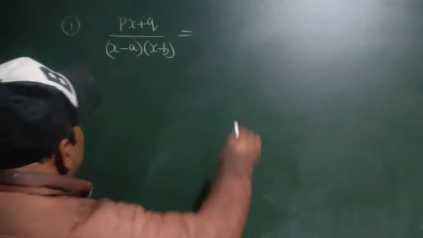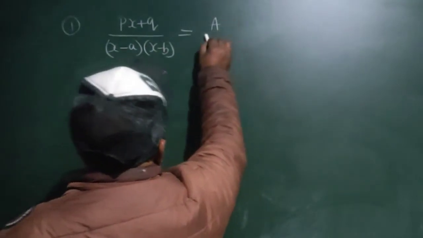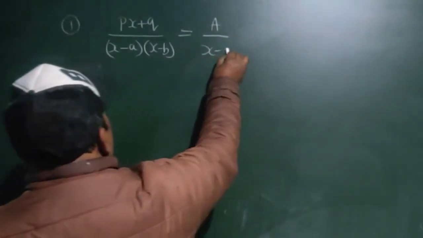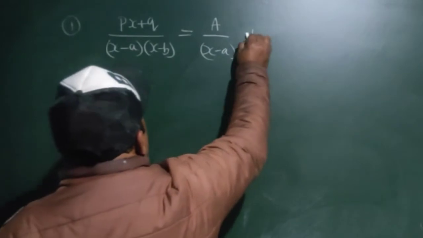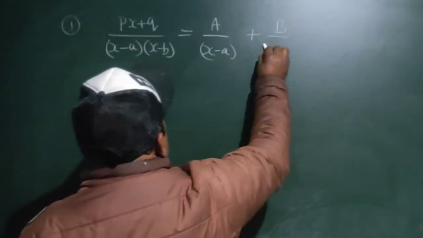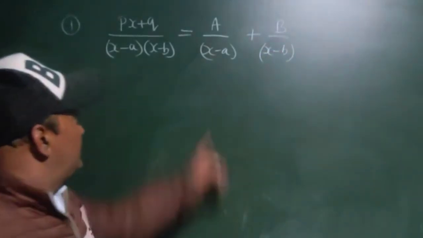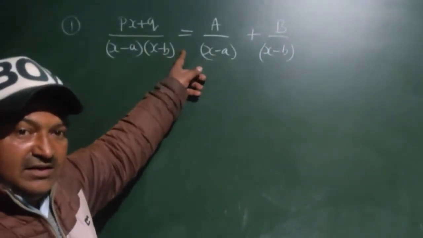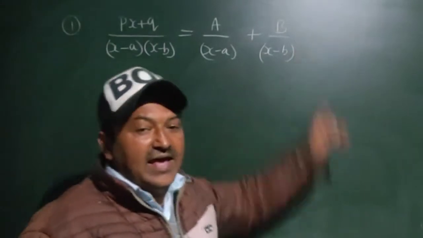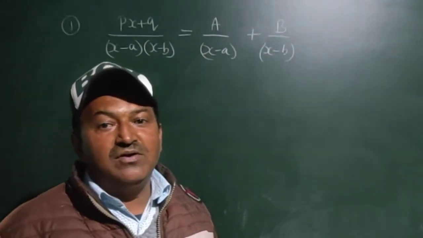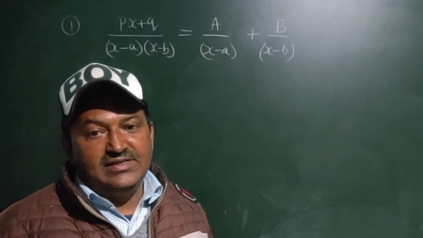Then it can be written as capital A upon first linear factor plus capital B upon second linear factor. If there is also another linear factor, then that can be written as capital C upon x minus c.